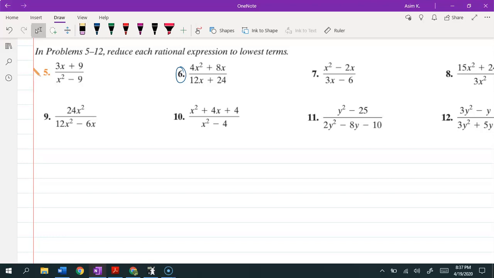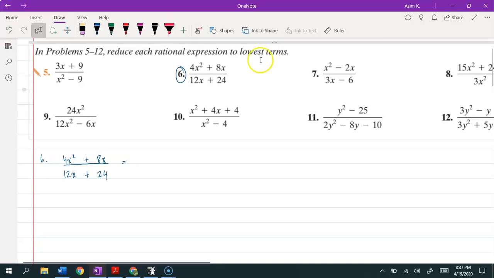The instructions say reduce each rational expression to its lowest terms. All right, so perhaps some of these initial ones you're like, yeah, I kind of know how to do these, and that would be good. That would definitely be an awesome start. So you're going to find that your best friend when working with most expressions and equations is called factorization. And so really what you begin with doing is you factorize in the numerator and the denominator, right?